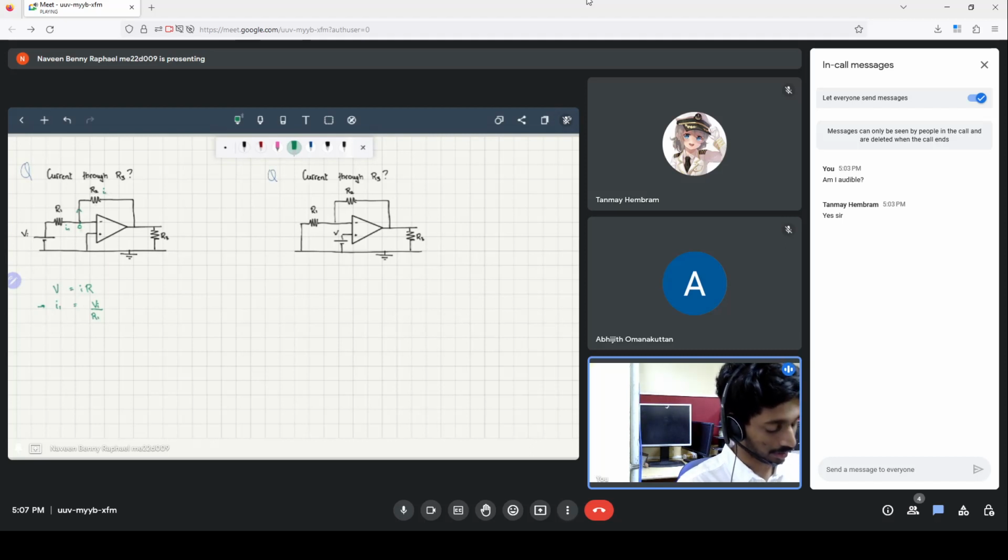Since this is at potential 0, we know that the potential difference is equal to I into R. The current is I1 and the resistance is R2. Let's call the output V out. So the potential difference across R2 will be 0 minus V0.